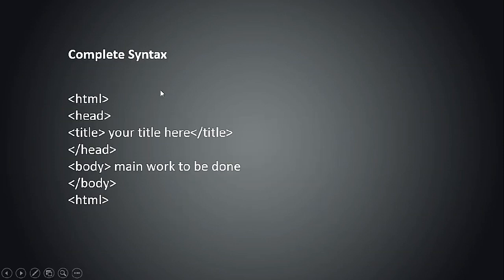Now the complete syntax. This is the main syntax of the whole HTML. Now we can see this is the first HTML tag. Inside it we can see there is a head tag. Now again inside it we put the title tag and close the head tag, which means that inside the HTML tag there are different tags.